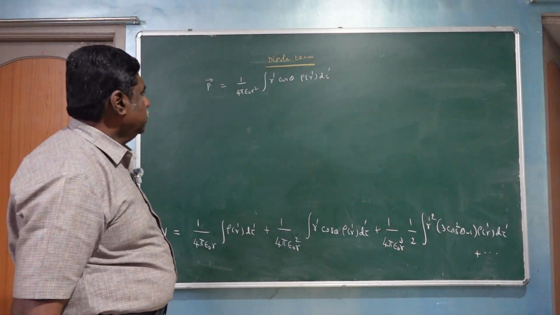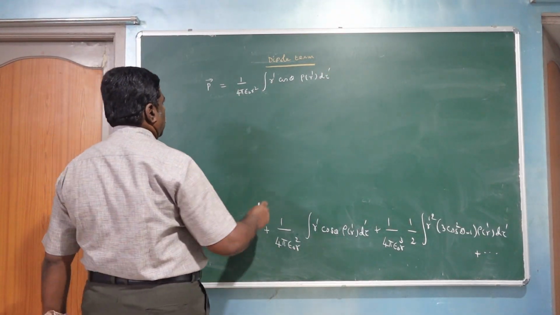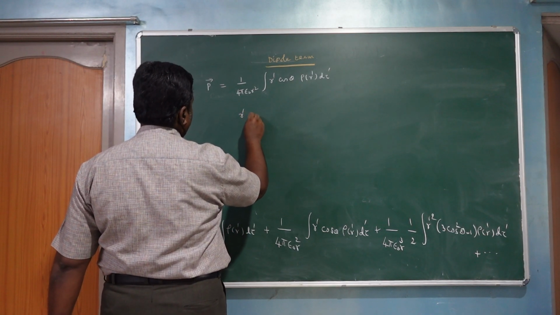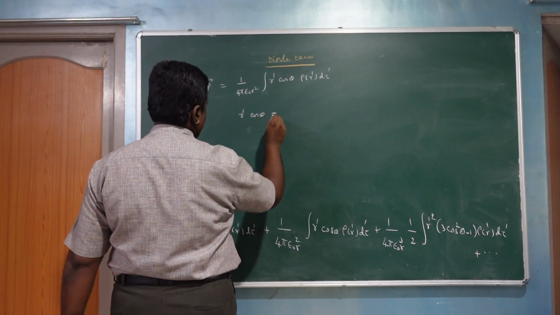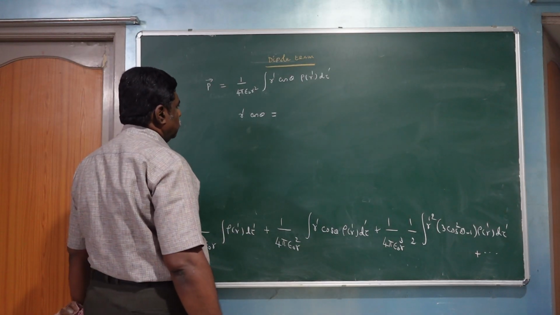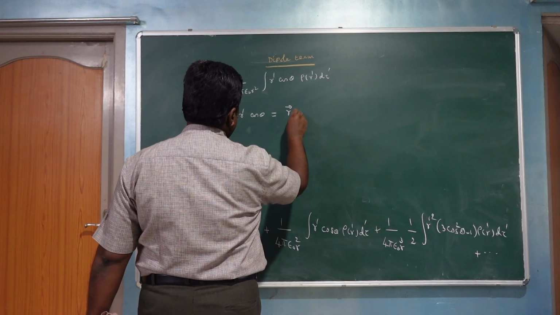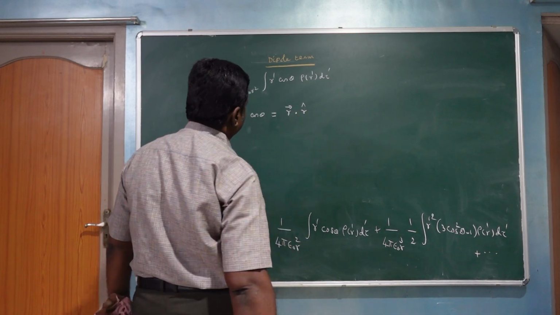In the above expression, r dash cos theta is equal to vector r dash dot r cap.